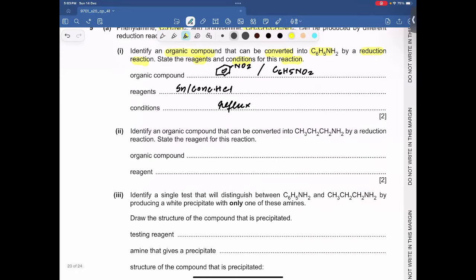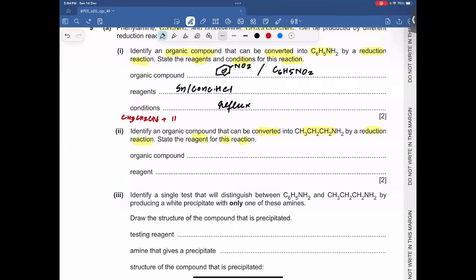Identify an organic compound that can be converted to this by reduction reaction. Identify the reagent for this reaction. When aliphatic amines undergoes reduction, it will turn to amine. For that, if you remember in A1, CH3, CH2, CN.